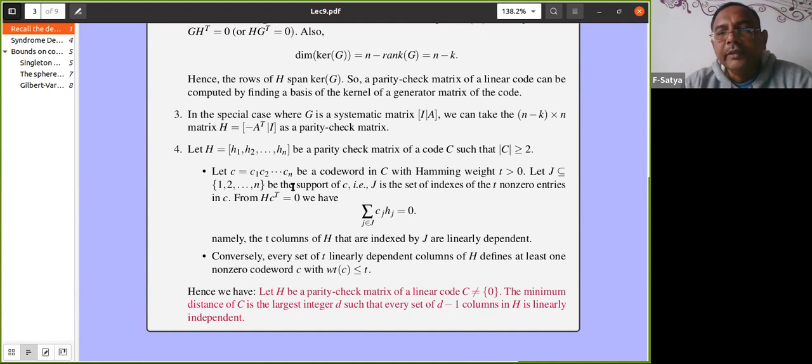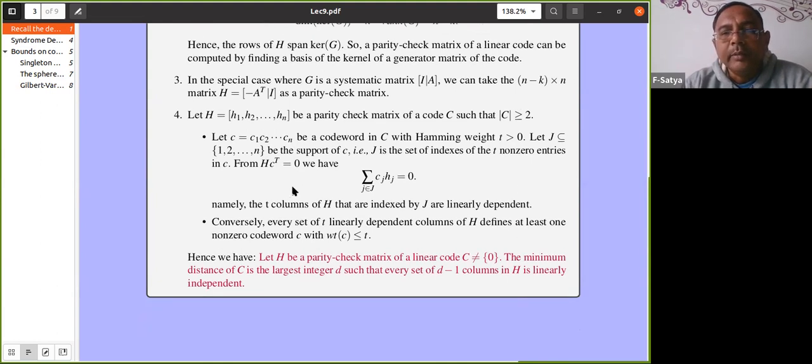So if G is the generator matrix in systematic form, then H can be evaluated as minus A transpose into A. By multiplying it, we can check easily, right? The interesting point is that, for example, C is a code word in C with Hamming weight t greater than 0.